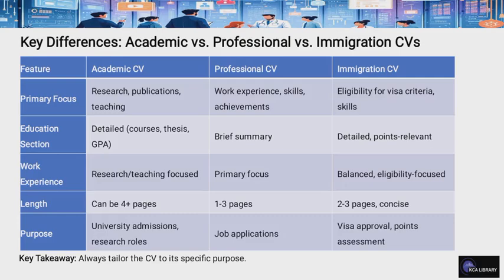We have three forms of CV: the academic CV, the professional CV, and the immigration CV. These actually have their own focus and purpose, and we'll be looking at them as we go on. For the academic CV, the focus is on research, publications, and teaching.